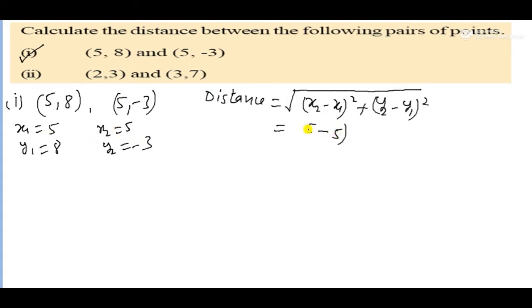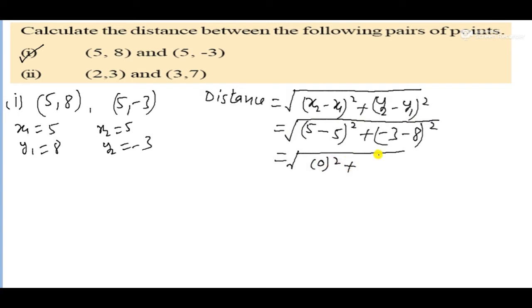So x2 is 5, minus x1 which is 5 also, so you can write 5 minus 5, whole square. And y2 is minus 3, and here it is plus 8, so minus 3 minus 8, and it is whole square. So what will happen? There is a square root.